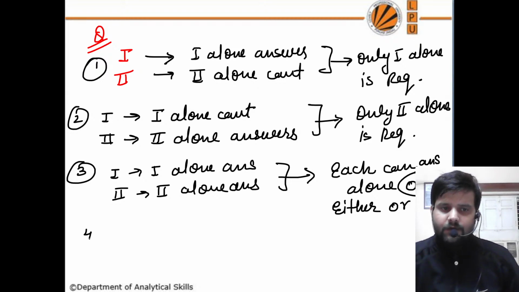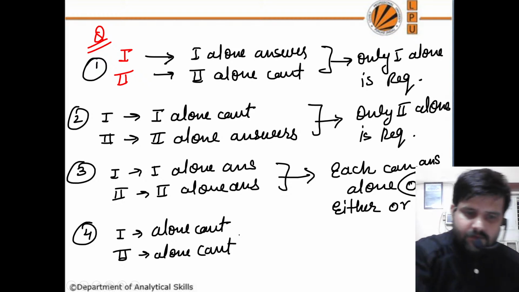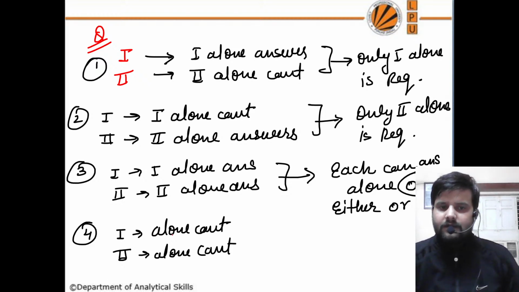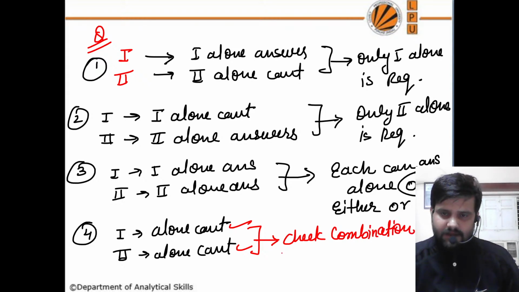Look, what can the fourth be? First alone can't answer, second alone can't answer. Whenever first alone and second alone can't answer, you will check the combination, means combine both the statements.